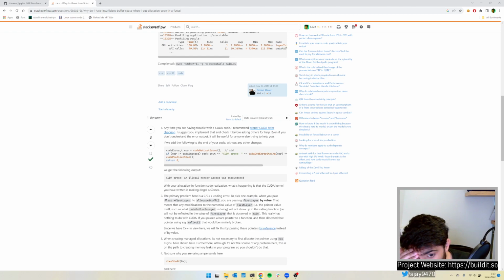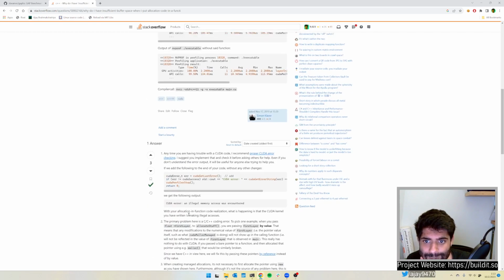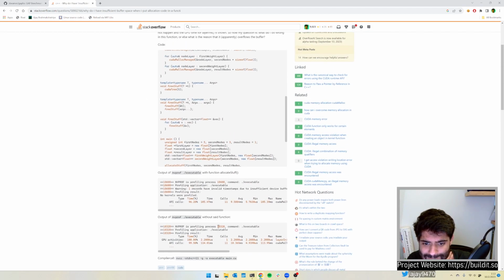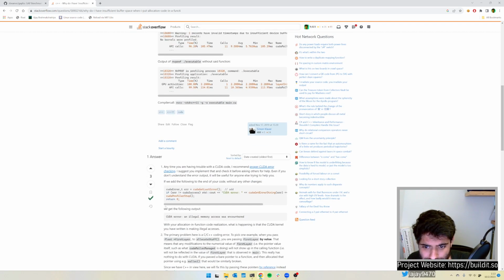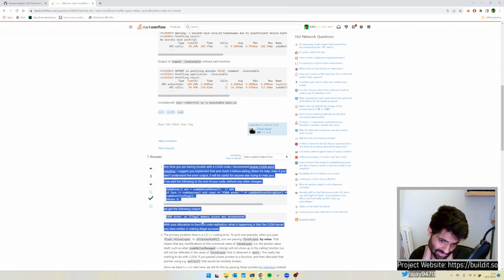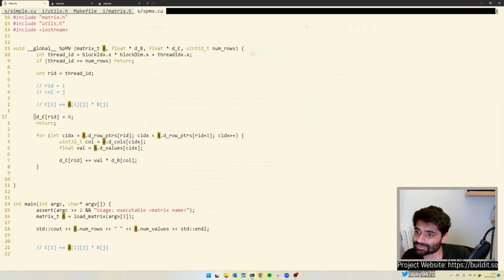Okay, this is what I've done. It says illegal memory access. Am I doing illegal memory access? I'm not even doing an access. I'm just doing a read.